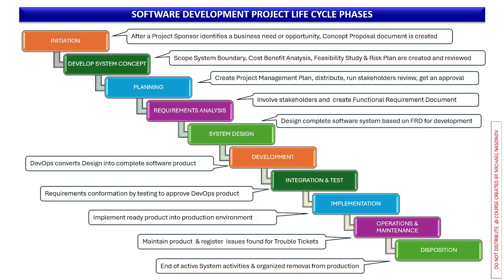Implementation. Implement the ready product into the active production environment. Operations and maintenance. Maintain the product and register issues found for further trouble ticket resolutions. And after a period of time, its disposition, end of active system activities and organized removal from actual production.